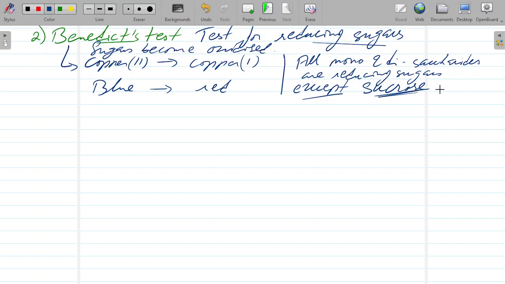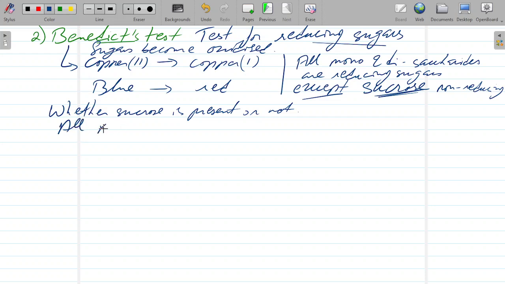Sucrose is non-reducing. So they're going to ask you to check whether sucrose is present or not. And also all polysaccharides are non-reducing.